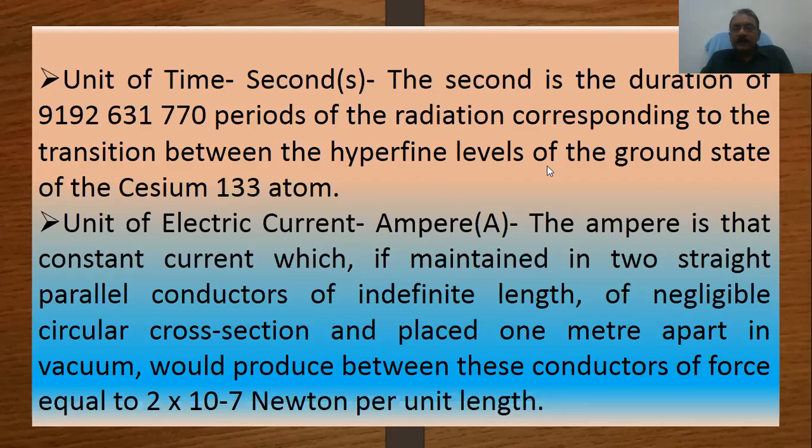The ampere is the unit for current, which if maintained in two straight parallel conductors of infinite length of negligible circular cross section and placed 1 meter apart in vacuum would produce between these conductors a force equal to 2 into 10 to the power of minus 7 newton per unit length.